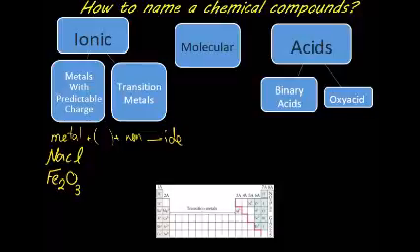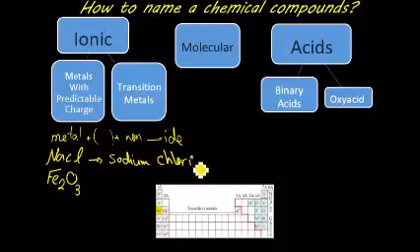So NaCl is sodium, and as we know earlier, the sodium is on this side. It's one of the metals with a predictable charge, so we don't need to specify the charge in this case. So let's name that. It's going to be sodium, and Cl is chlorine, say chlor, and the ending is IDE, so we did the ending.